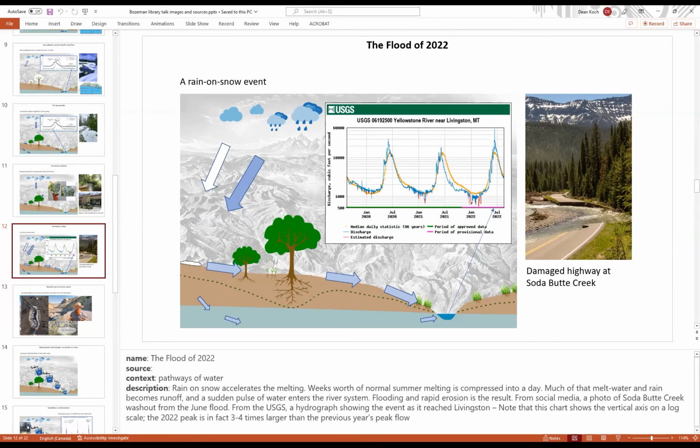So certainly I would take the instrument measurements from this period with a grain of salt for that reason. You'll notice on this USGS plot, there's a pink line here for the past few months, a period of provisional data.